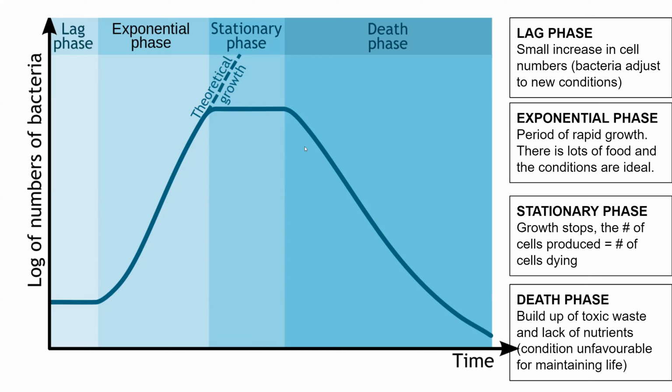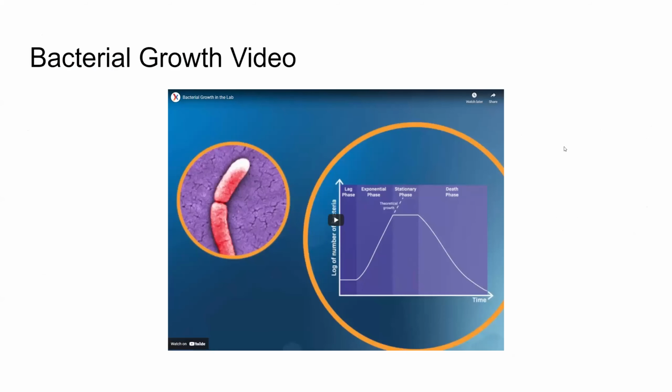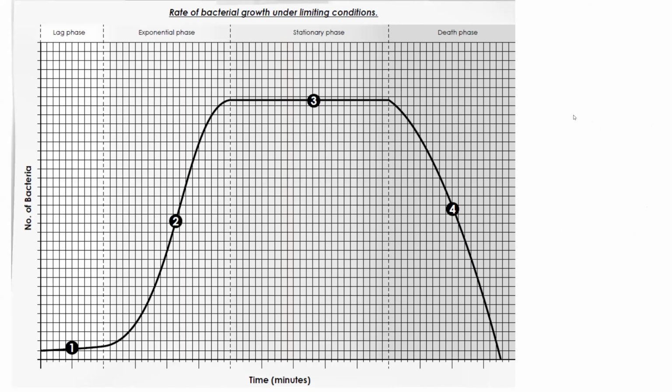If the waste builds up and nutrients decrease, there's going to be a decrease in the bacteria reproducing. This is known as the death phase. Again, this is another picture to show it: 1, 2, 3, and 4, the 4 different stages.